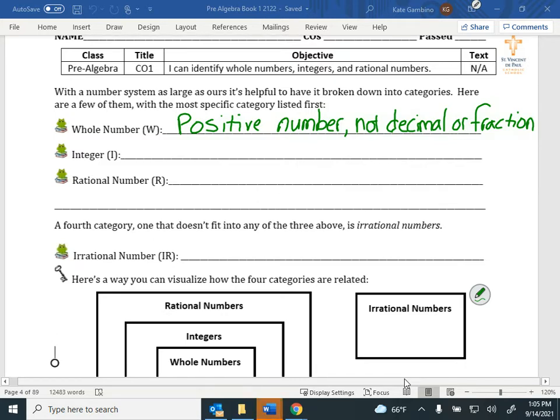The integer is a positive or negative number. Remember, we're going to get a little bit broader as we go down. Positive or negative number, but still not a decimal or fraction. So it just opened up a little bit more to include those negative numbers.